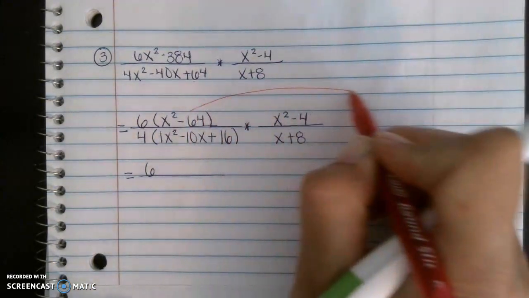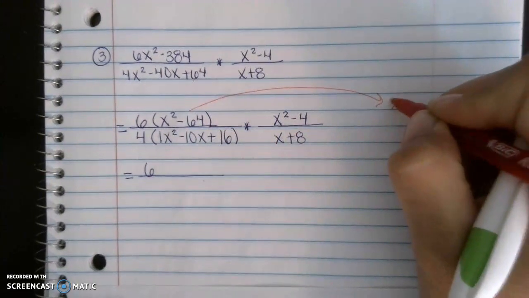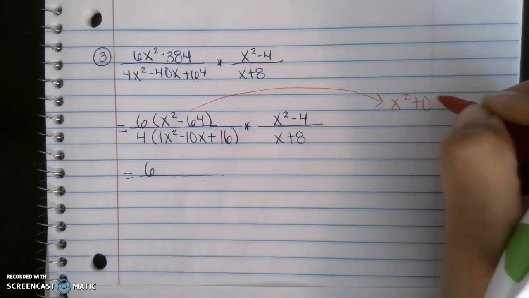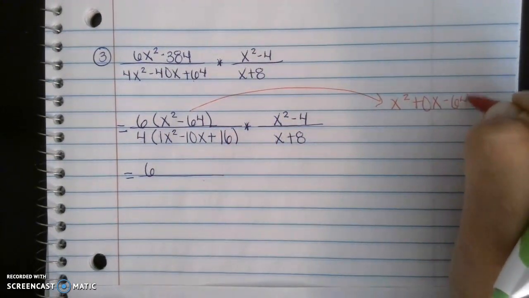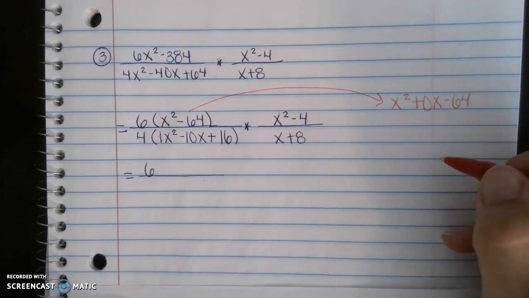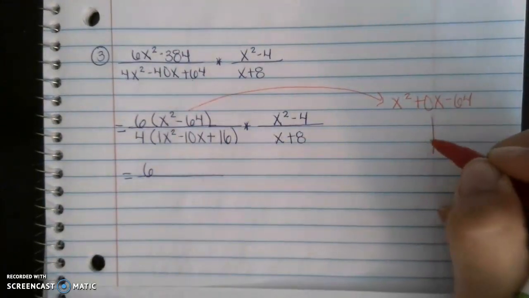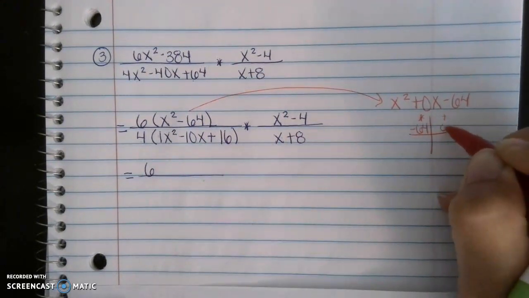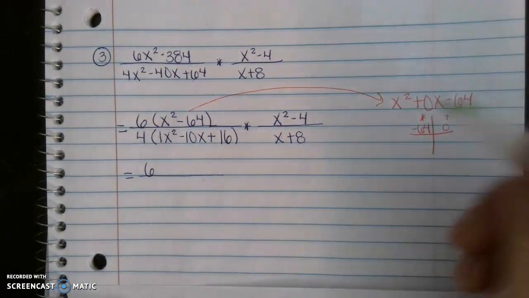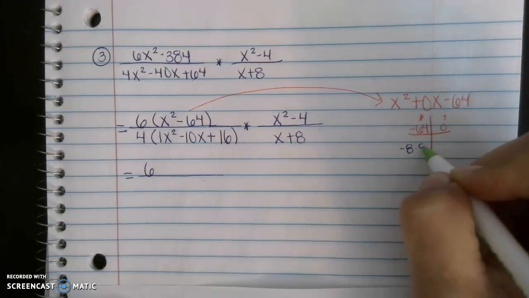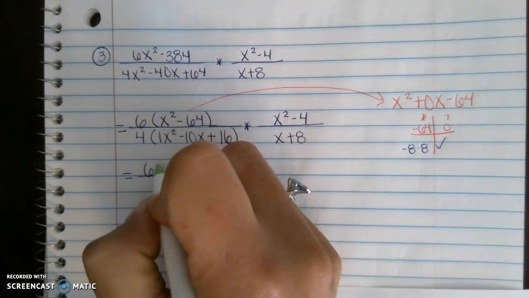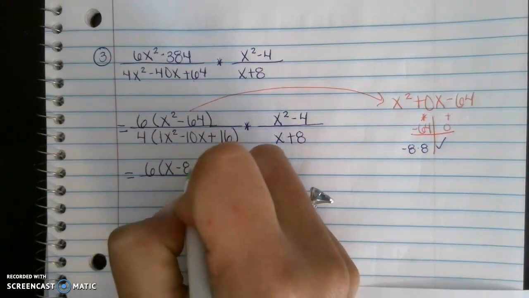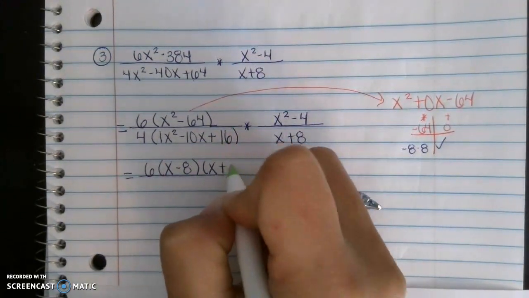I actually can factor this, and hopefully you're recognizing it's the same thing as x squared plus 0x minus 64. We're just missing that middle term. So what multiplies to get me negative 64 that adds to get me 0? That would be negative 8 and positive 8. So I'm going to go ahead and rewrite this as x minus 8, x plus 8.